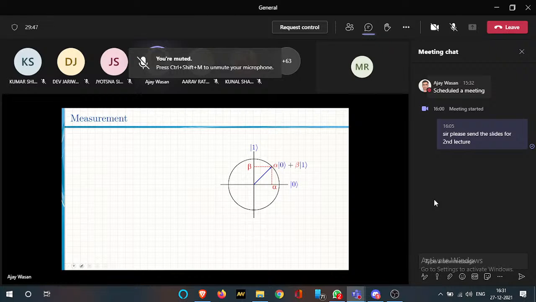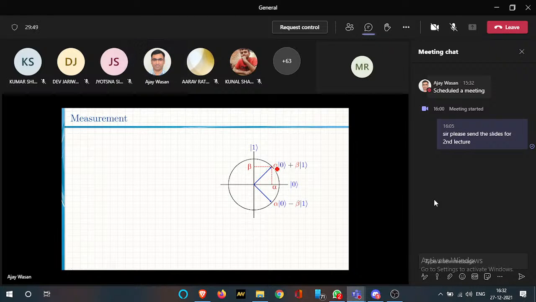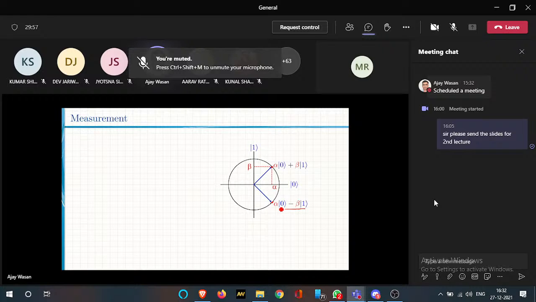Another thing I wanted to tell here: if instead of here you are here, even if you have a function like this, still the probability of finding it in 0 is alpha, and the probability of finding it in 1 is beta, even if this is minus here. That thing I'm explaining here.